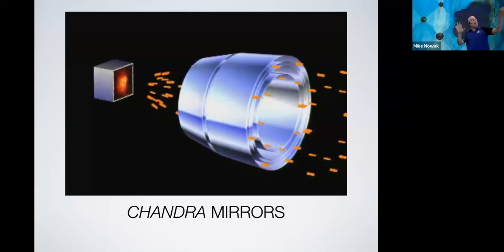So that's why, as you see here, we have to take our mirrors and tilt them on the edge, and we actually do it with 2 sets of mirrors. Because if we only did 1 set of mirrors, the focal length would be very, very far away. Rather than being 40 feet, it would be 100 feet. So the second set of mirrors is there to do a second focusing to make it a little bit shorter.